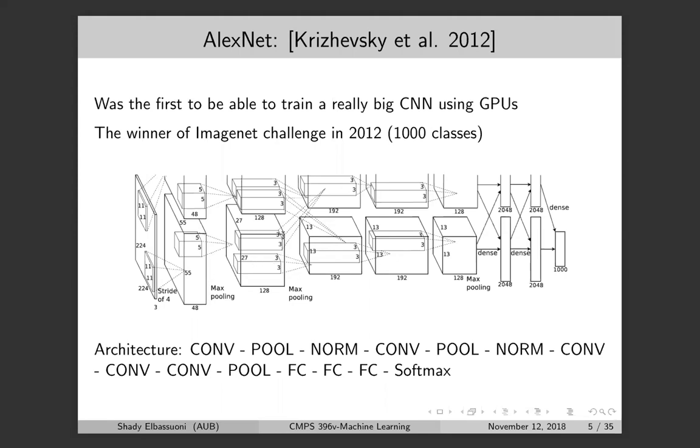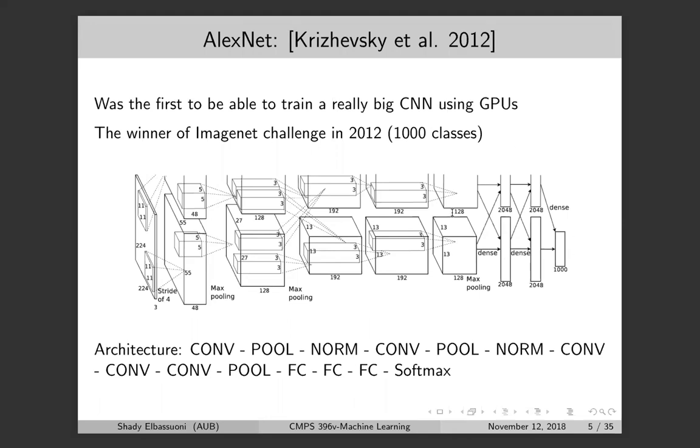Okay, and then you have convolution again, pooling, and then normalization, and then convolution, convolution, convolution. So 3 layers of convolution, and then another maximum pooling, and then a fully connected layer, a fully connected layer, and then a softmax. 1,000 neurons in softmax, because you have 1,000 classes.